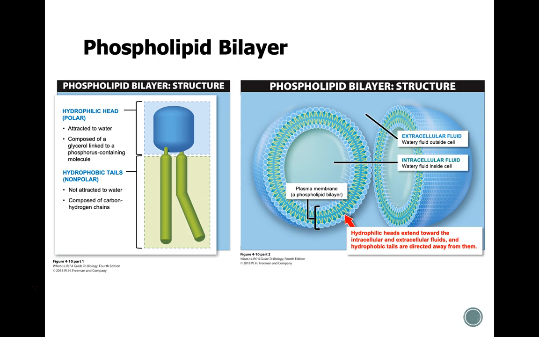This allows them to have embedded within them those channel proteins and pores, and it allows the phospholipid molecules to move around and maintain a fluidity and a flexible structure. But no matter what, they maintain this bilayer with the hydrophilic heads and the hydrophobic tails, keeping them in this structure.